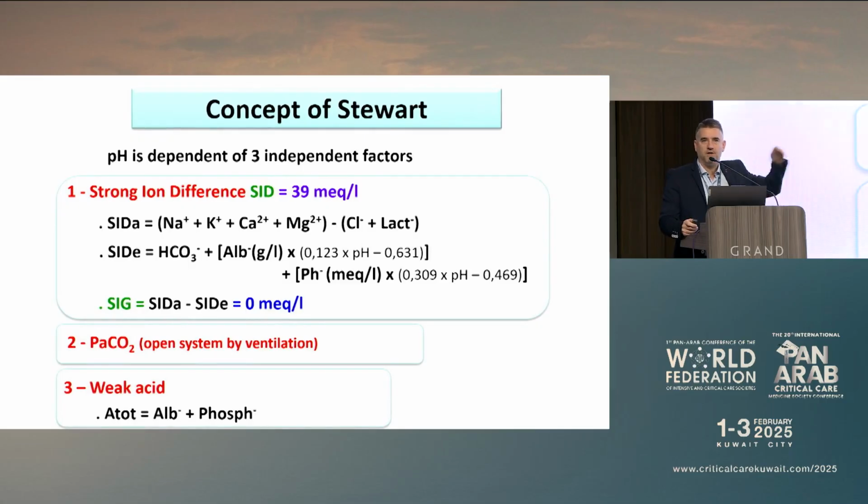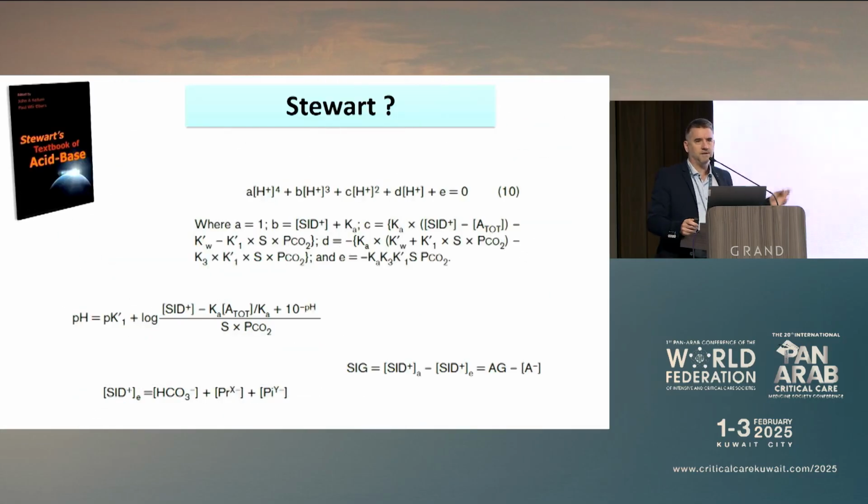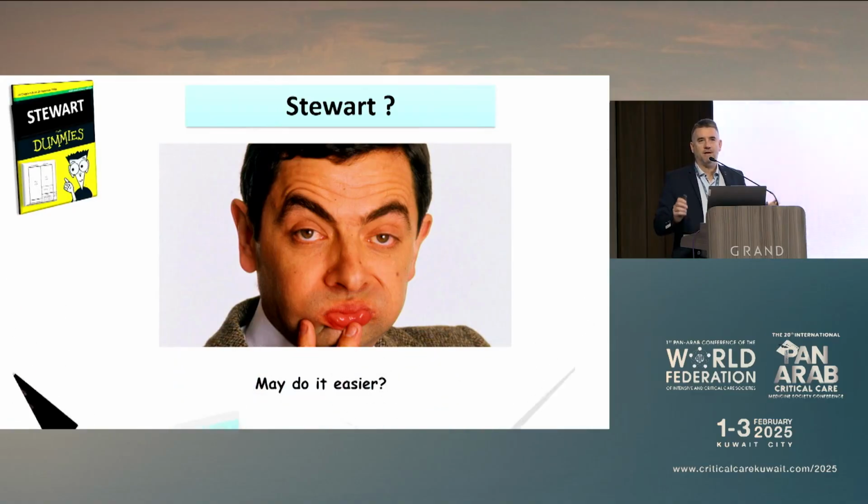It's a bit complex with a lot of equations. As I said yesterday, this book with 300 pages of equations is really complex. We are few people in the world to read this book, and some are becoming mad. But we can try to see Stewart more simply.